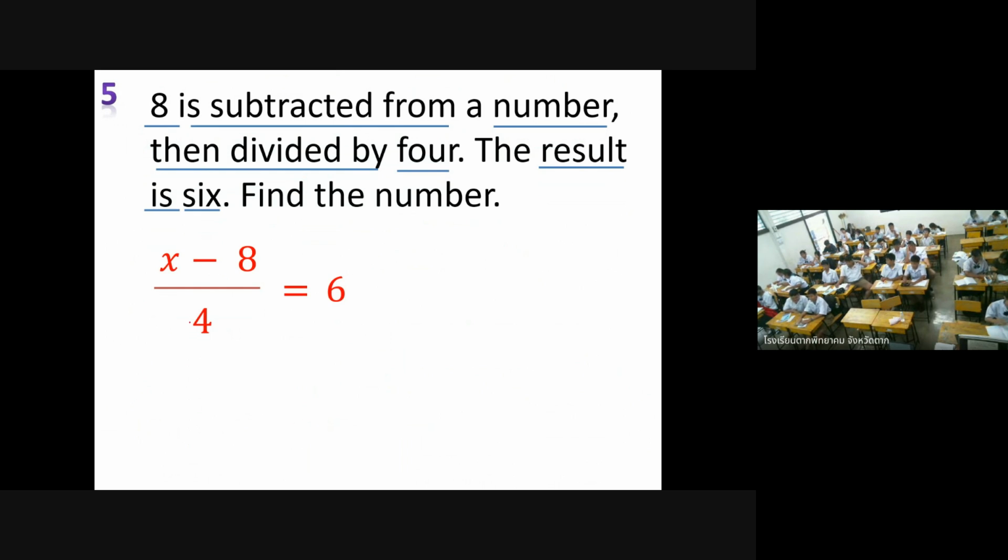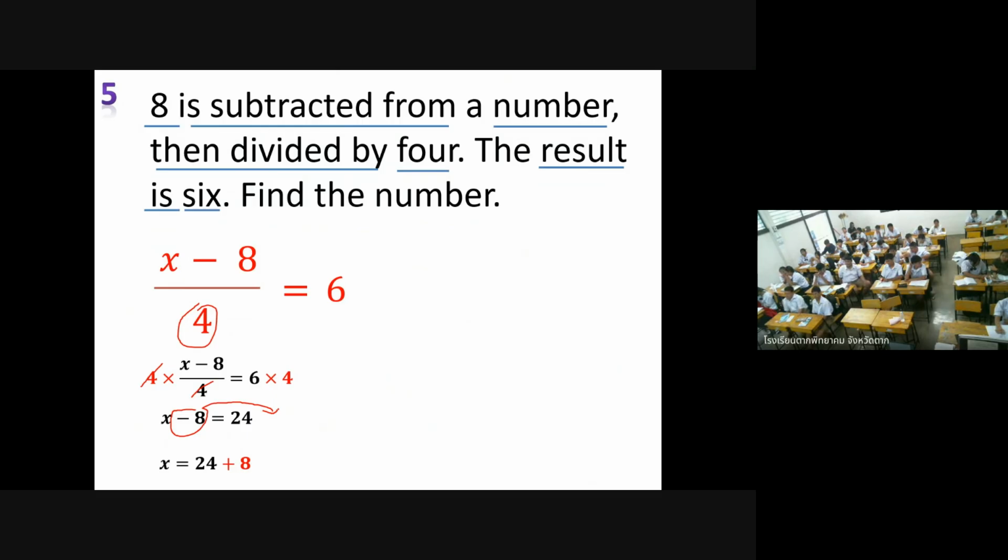To remove the over 4, we multiply by 4. So x minus 8 equals 24, because 6 times 4 is 24. Now we don't need this minus 8, so we put it onto the other side and it will become 24 plus 8. And what is 24 plus 8? That is 32. The number is 32.